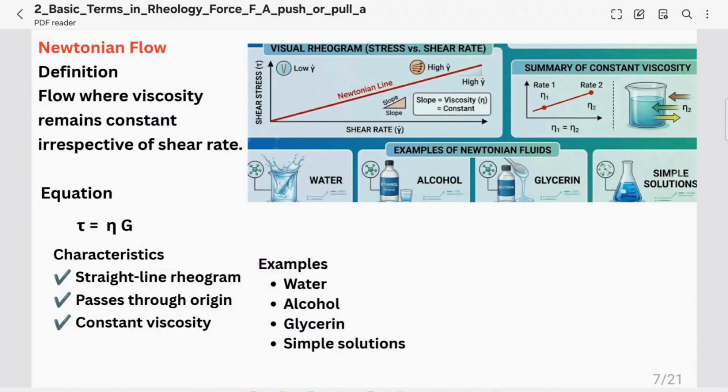Newtonian flow means what? Here the flow where the viscosity remains constant even when we are applying the force or shear rate.